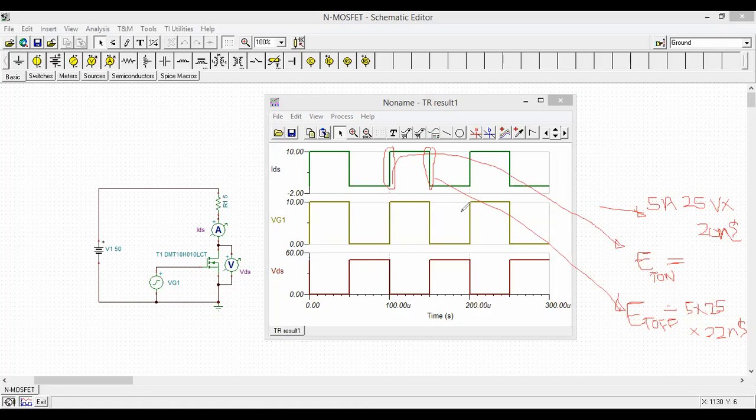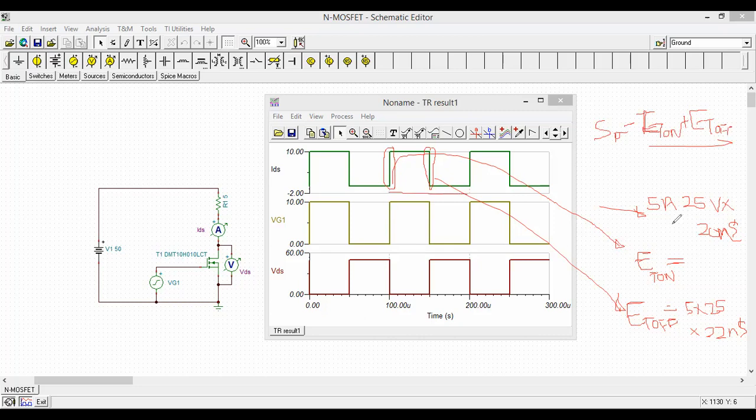So in order to get the dynamic losses, the switching losses, that is simply, you have E_T on plus E_T off. So that will give you both energy dissipations.